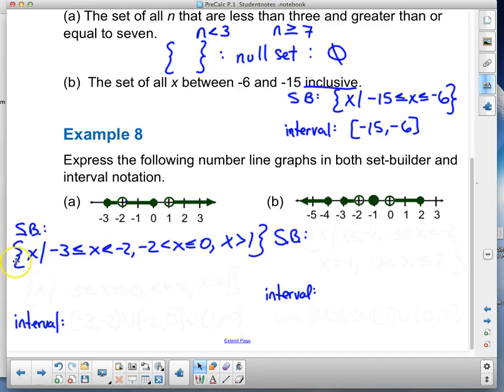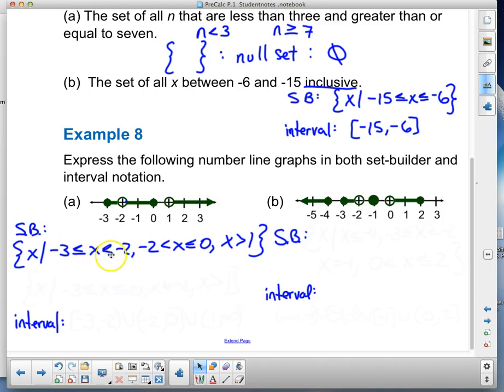I've got the set x such that -3 is less than or equal to x, which is less than -2. That represents that open spot. Because it's open, I have -2 is less than x and less than or equal to 0. So it goes from the open to the closed. And then x is greater than 1, which is open.